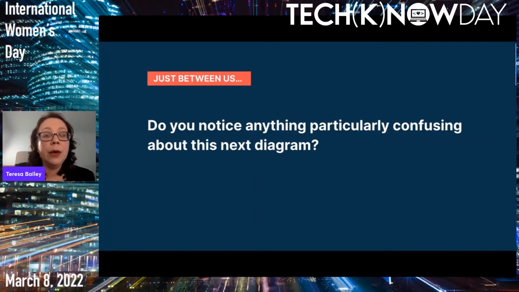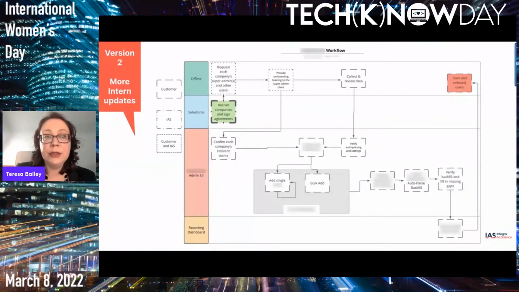I'm going to show you version 2, and I want you to notice if there's anything particularly confusing about this next diagram. So take a look. You don't have to read the words, but just for the layout, the color and styling, focus on those things, and see what you think about the clarity of different elements on the page.